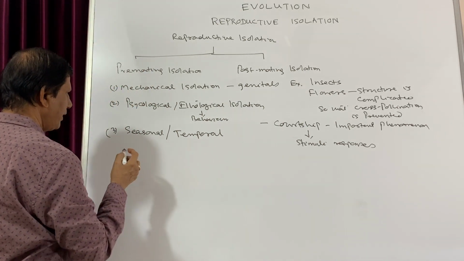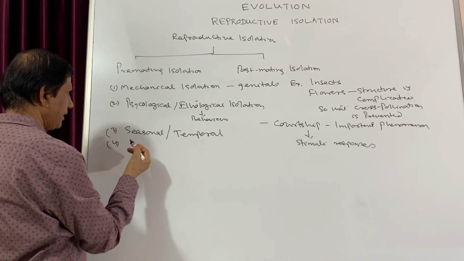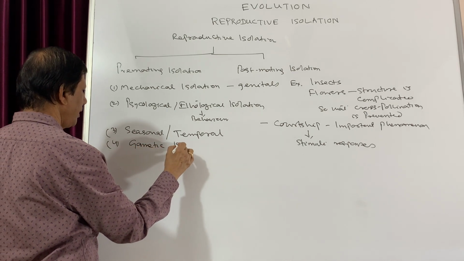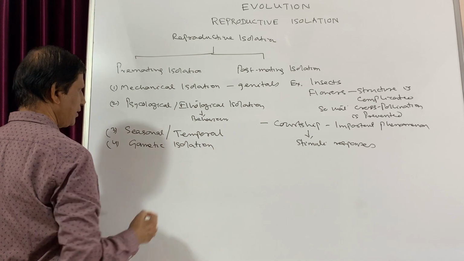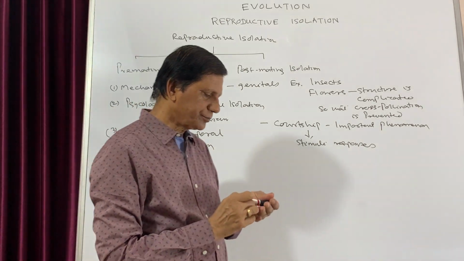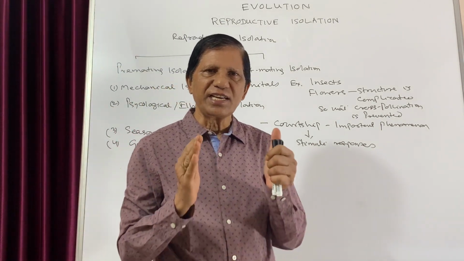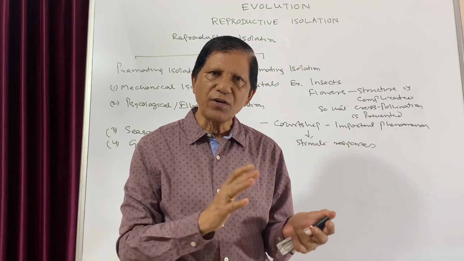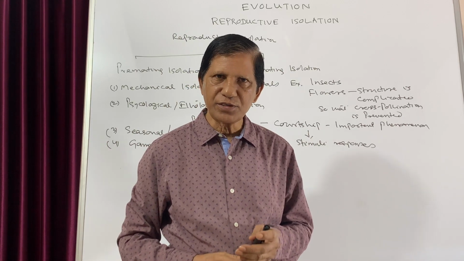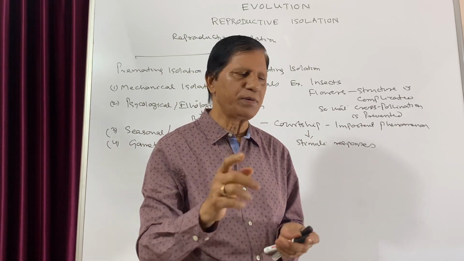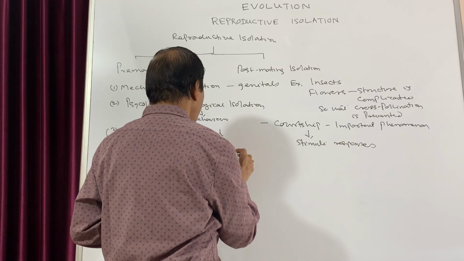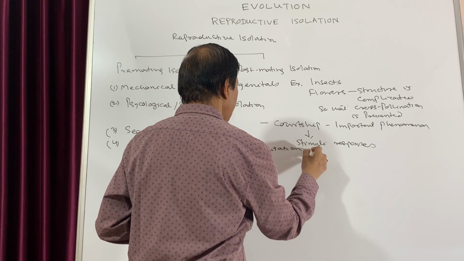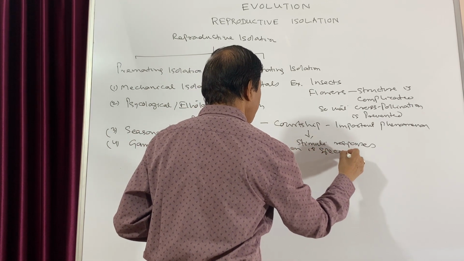Then another important point is gametic isolation. Usually in sexually reproducing organisms, the male and female gametes recognize each other because fertilization is species specific.